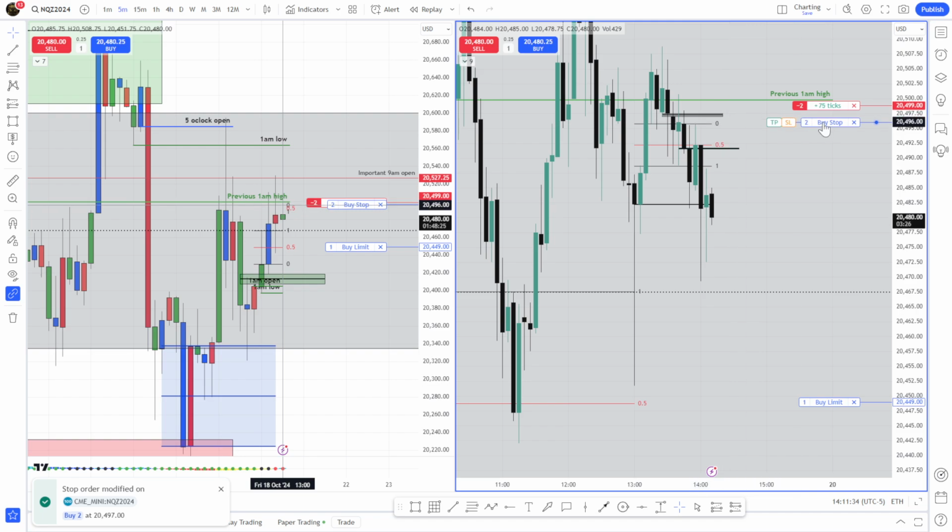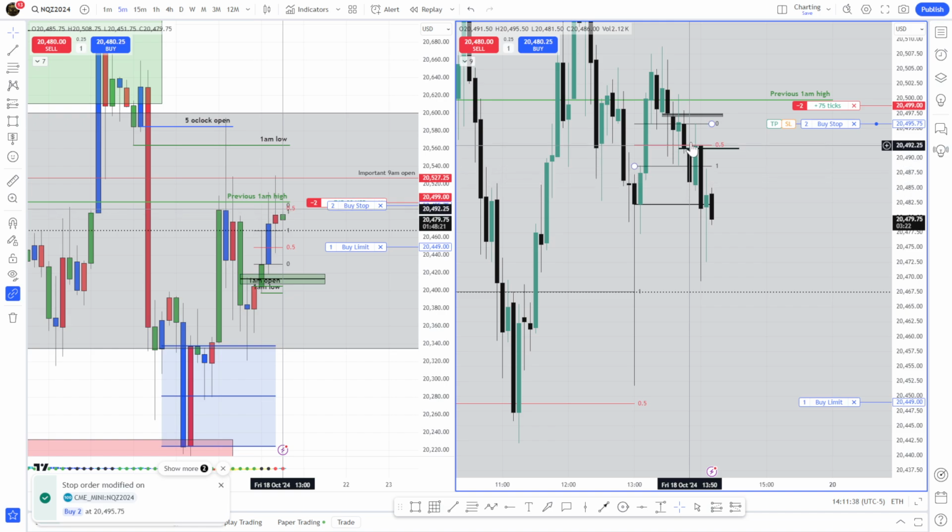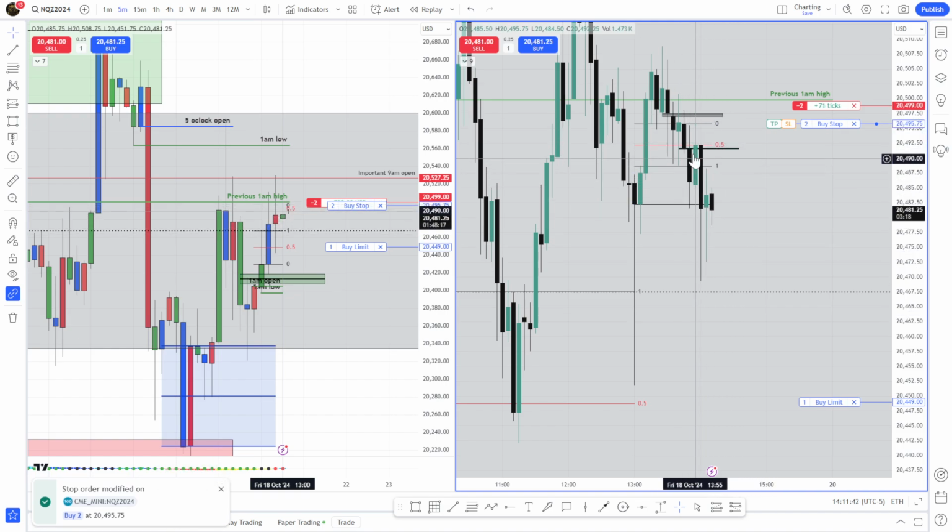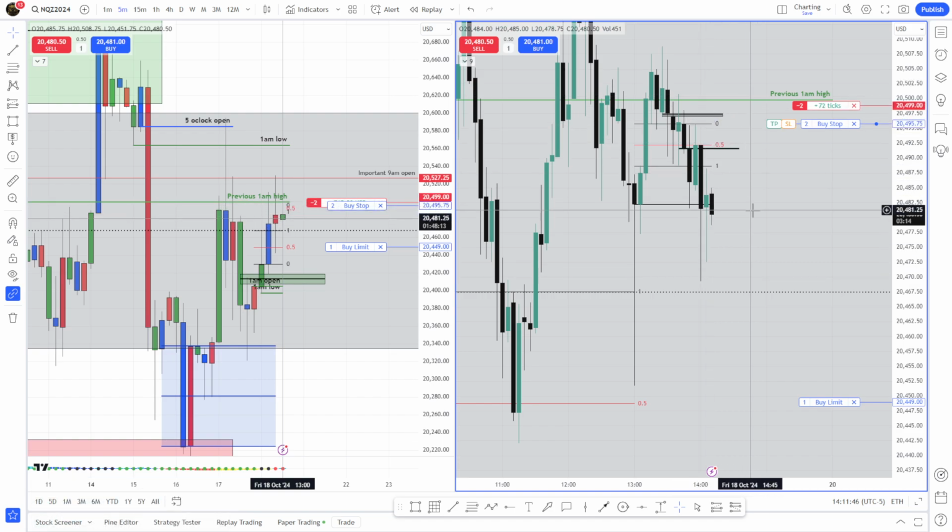Okay, there we go. So this candle came up and this candle came through and closed down. So if we start closing above, like I said, this candle, then that could be a signal for some higher pricing.